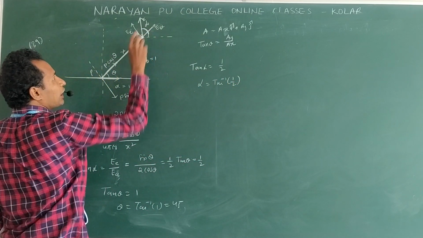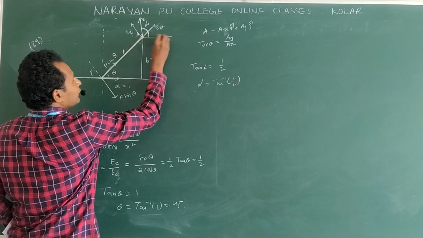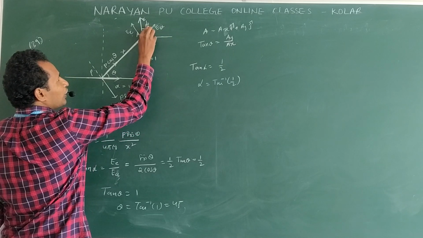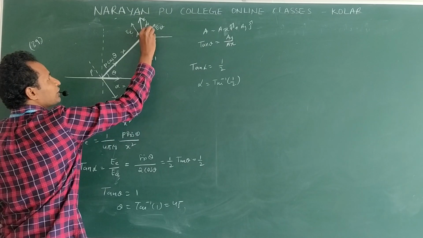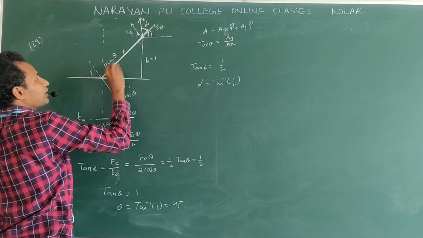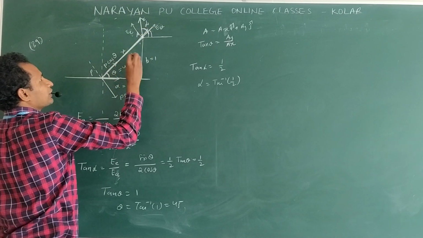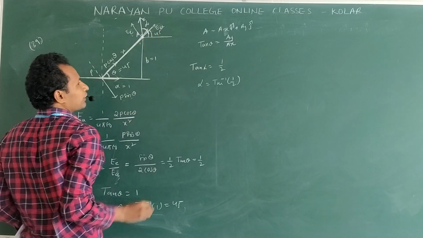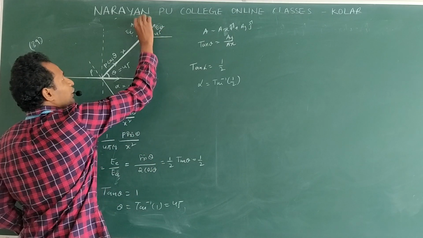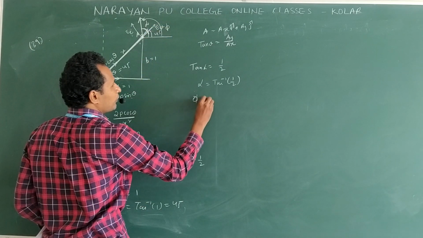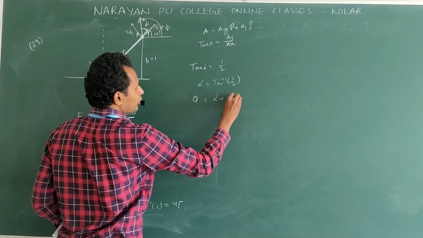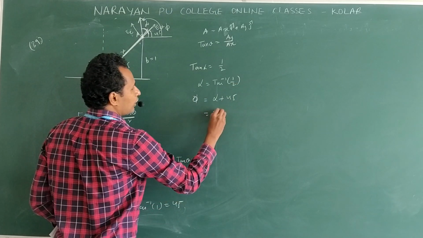We got only alpha. With the x-axis they asked. Alpha we got. This is straight line. This angle remains same. This already we calculated as 45. Then the total angle, let us say phi, will be written as alpha plus 45. What is alpha?